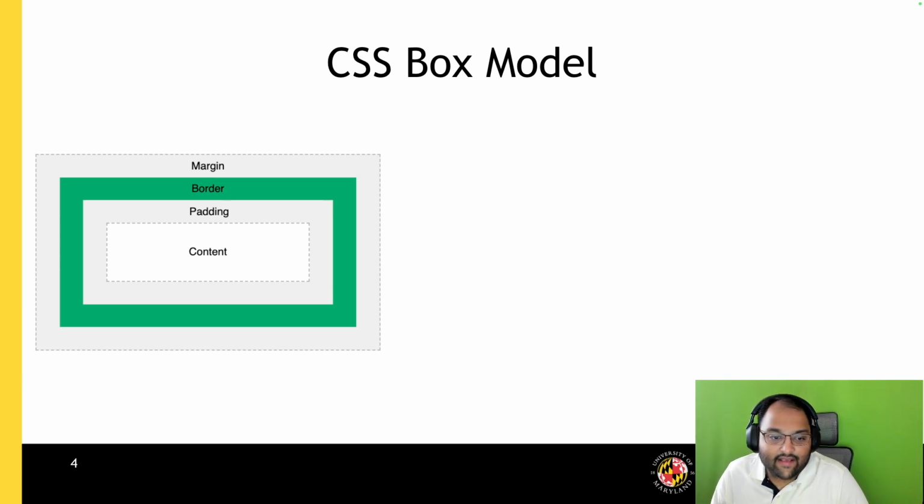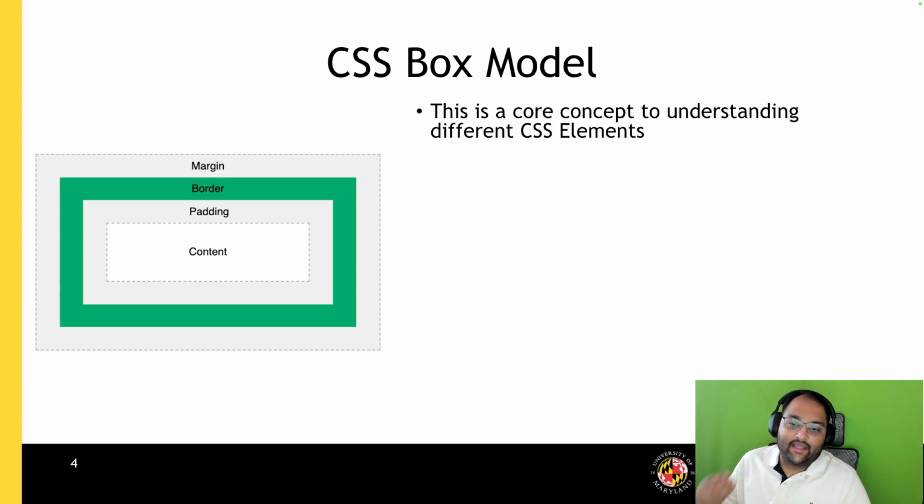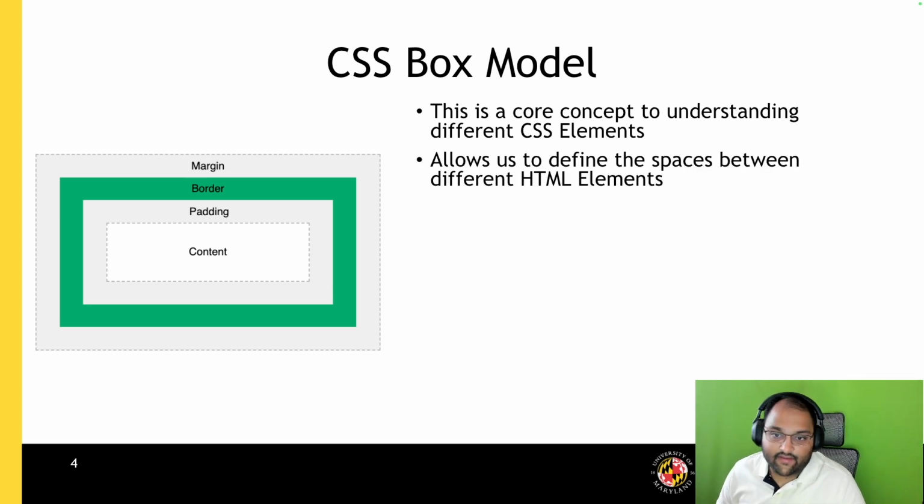So CSS has this concept of a box, right? Think about a normal box. You have a piece of paper here, and we can consider this a box. Now, each of these boxes has different portions to it. This is a very core concept to understanding different CSS elements, and what this allows us to do is define spaces between elements.